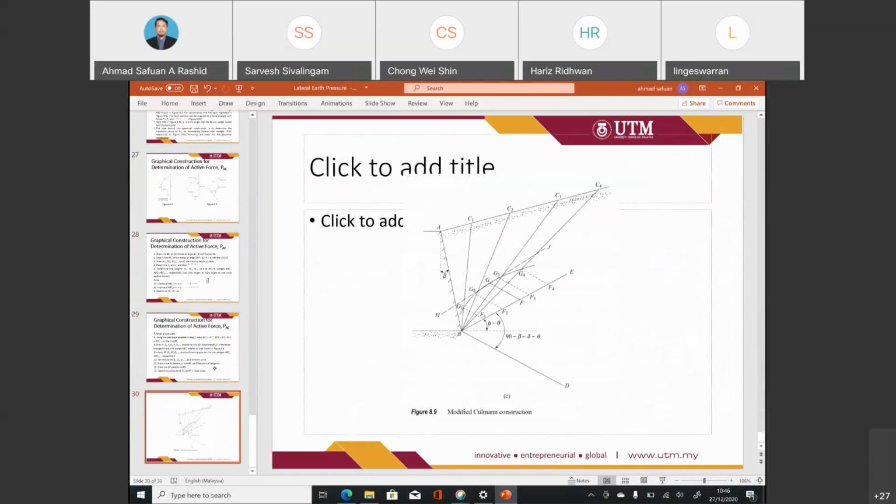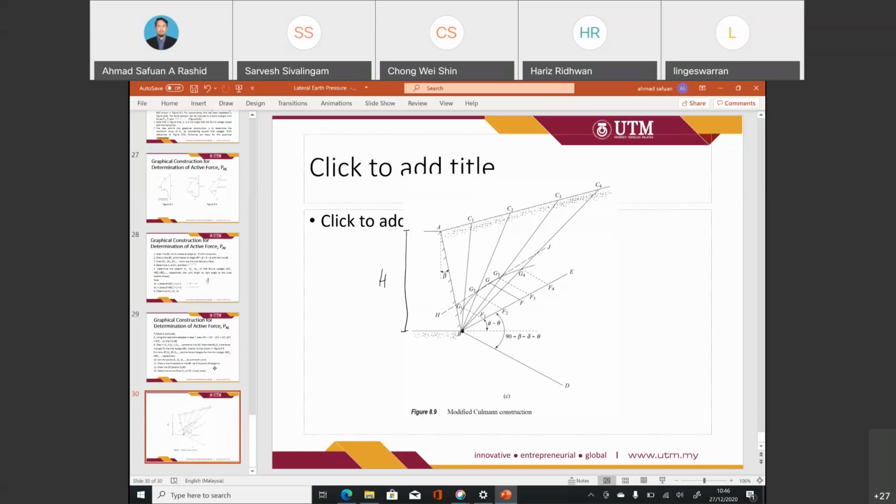So to begin with, first we need to construct. We need to choose any datum. Then we need to construct the height of the retaining structure. For example, this is the height. We need to construct the actual height, but we need to make sure that we use a consistent scale.